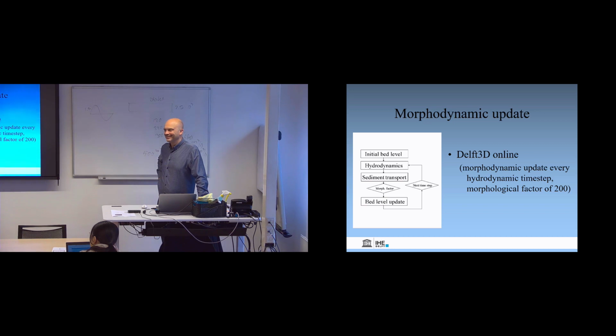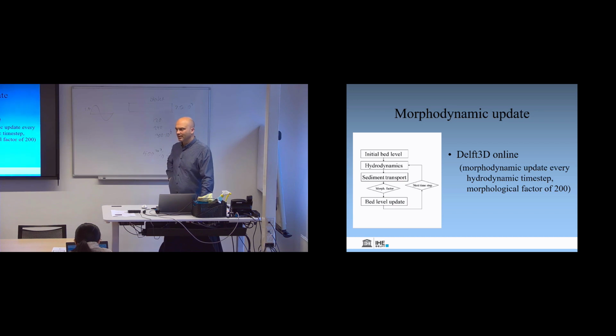I think if we have a time step every 1 second in hydrodynamics, we can multiply it by a factor to make the morphology updated every 10 seconds. Depending on the factor, we have multiplied the hydrodynamic time step by this factor.